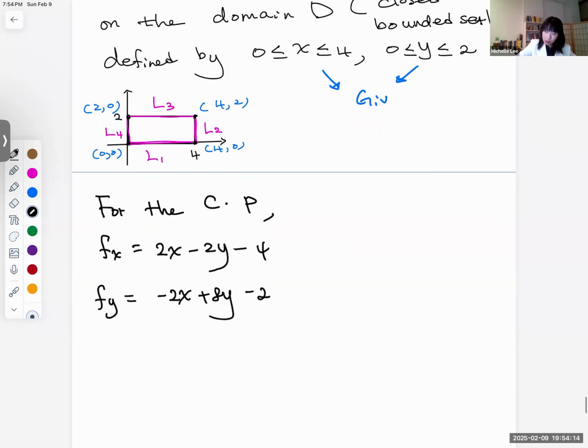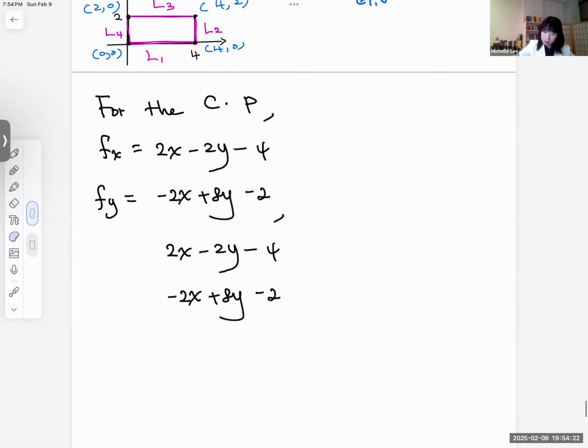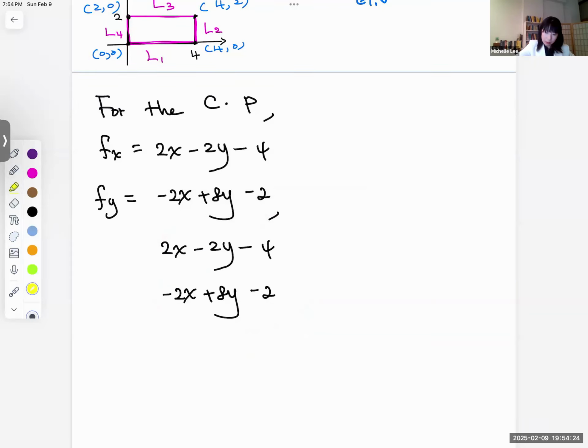All right, so let's set each equal to 0.